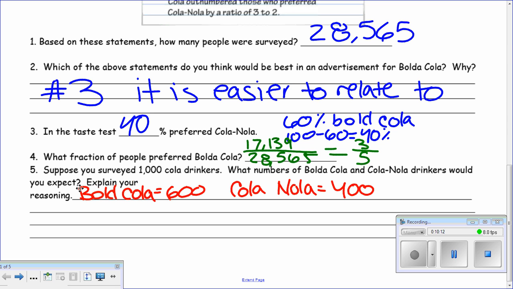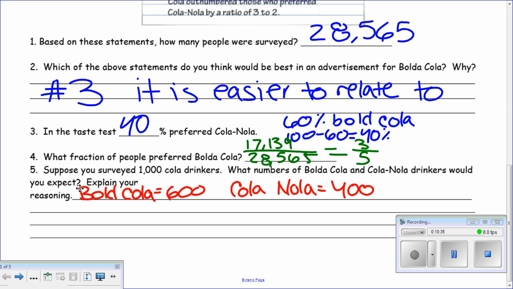Okay, awesome. Like Elena was saying, she got 600 people for Bolda Cola. We know that because in statement 3, it says in a taste test, 60% of those people preferred Bolda Cola. So, 60%, that's out of 100%.